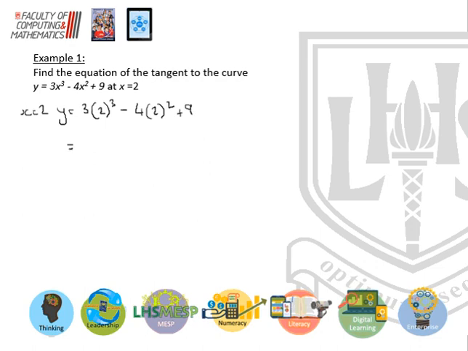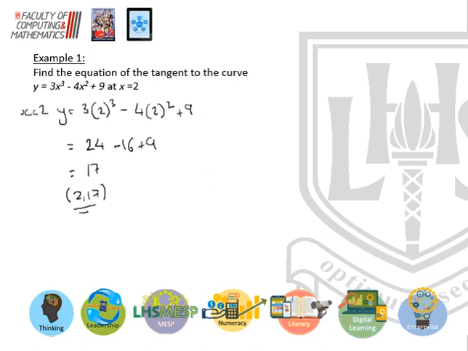So 2 cubed is 8, 3 times 8 is 24, 2 squared is 4, times 4 is 16, add 9. So 24 take away 16 is 8, add 9 is 17. So the coordinates we have are going to be 2, 17. That's the coordinates that we can use in our equation.